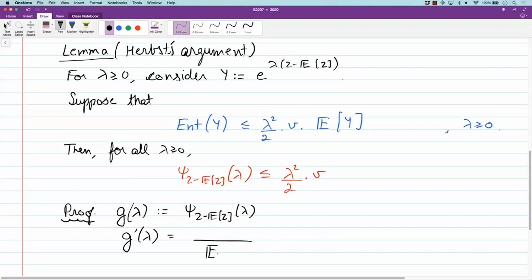It's 1 by the moment generating function, and you can essentially take the derivative inside the expectation for the smooth function.